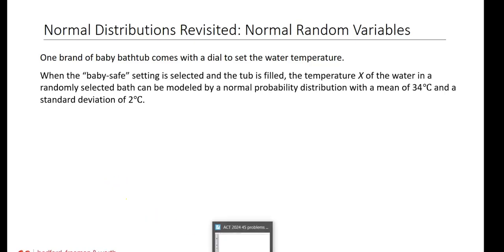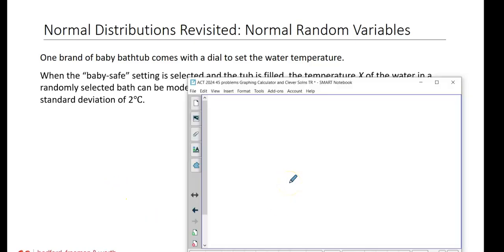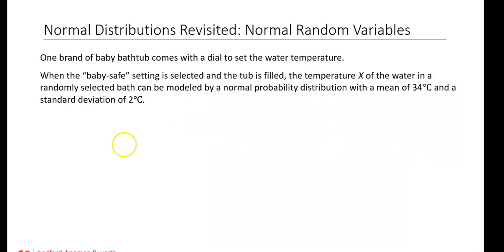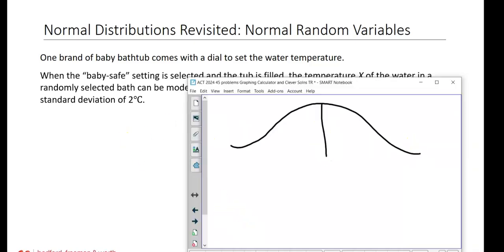The first step, what work do I want you to show, I guess you could write X as the random variable, the temperature there, but I would definitely draw the curve. It said that the mean temperature was 34. I'm going to go 2 degrees to the right. I don't need a calculator to do this.